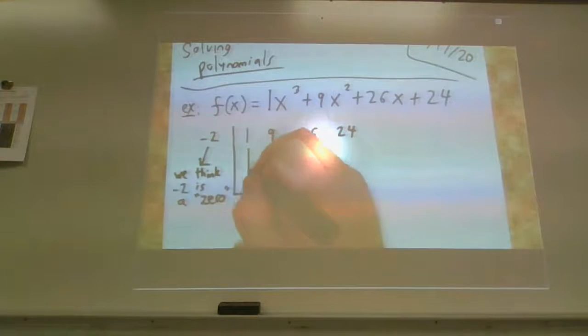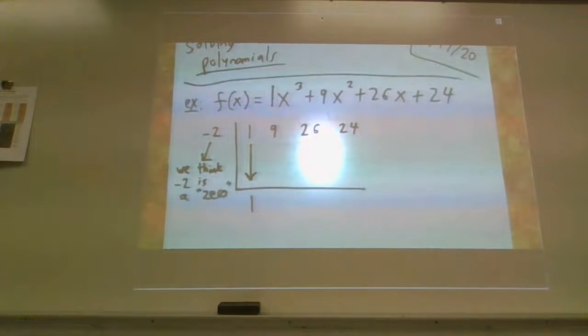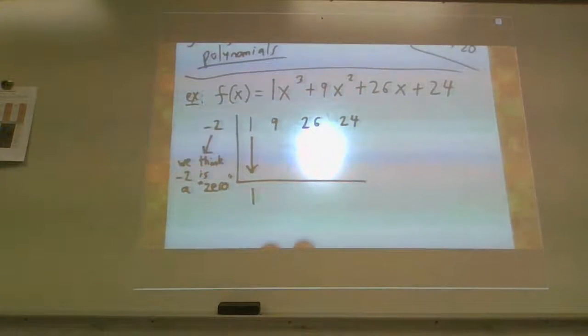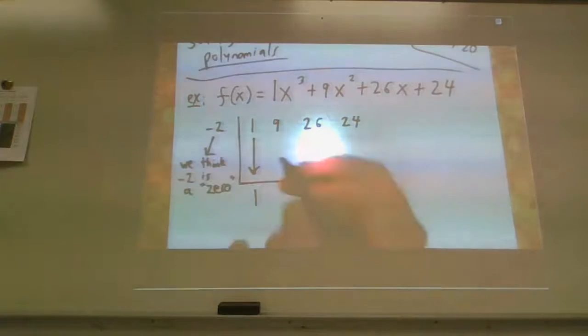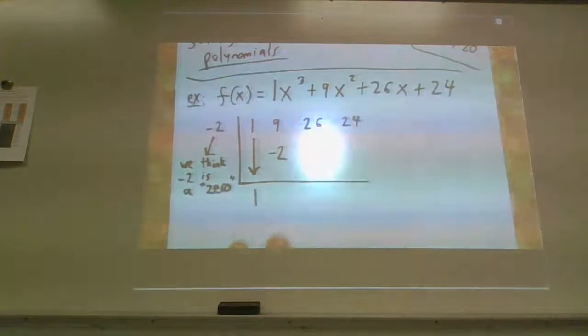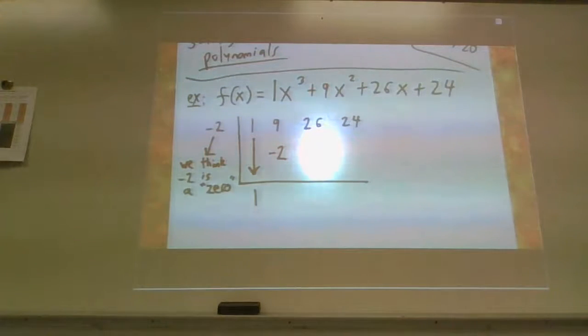1 plus nothing is 1. That was boring. That number always comes straight down. But then I got to multiply. Multiply by -2. All right. And I get -2. Notice where I just put it. I just put it in the first blank spot. Now I repeat.